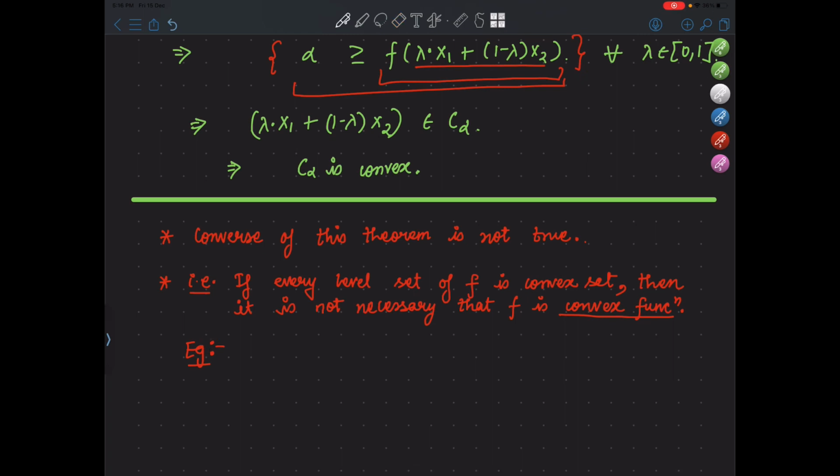So a very common example is the function f(x) equals x cubed, where f is from R to R, a single real valued function.